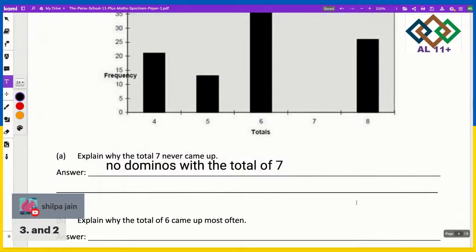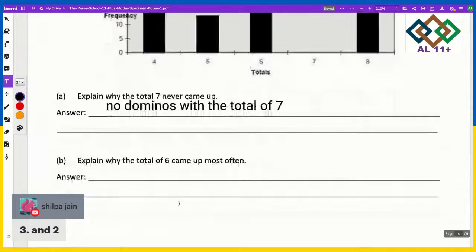And the next one is explain why the total of 6 comes up most often. So those with a total of 6 spots are greater in number than other numbers of spots. You'll see that there are 3 dominoes with a total of 6 spots, greater in number than all other numbers of spots.